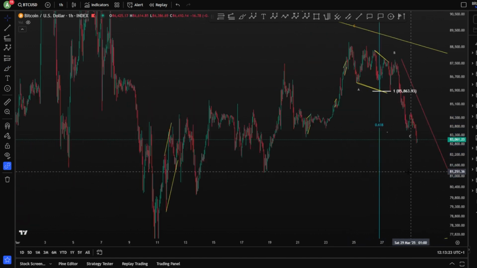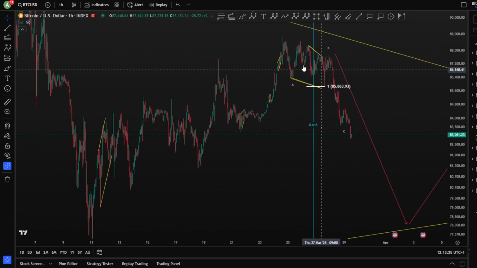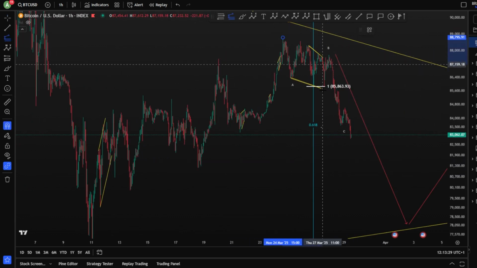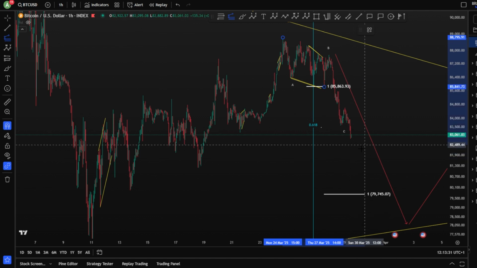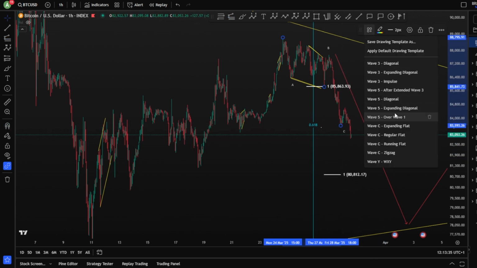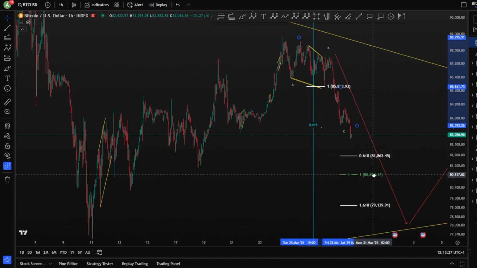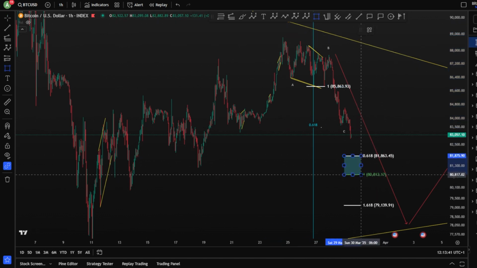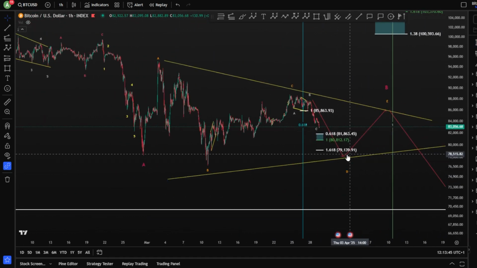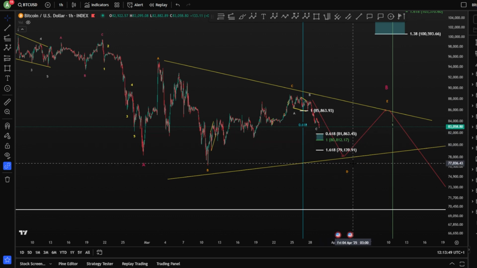The targets, I would say, be careful with the targets, but let's take it from here, from the wave 1, based on the wave 3. Those are your targets for a wave 5. Potentially, guys, it's very low for me, but we're moving toward the downside anyway. So targets 81K 800, 80K 800.